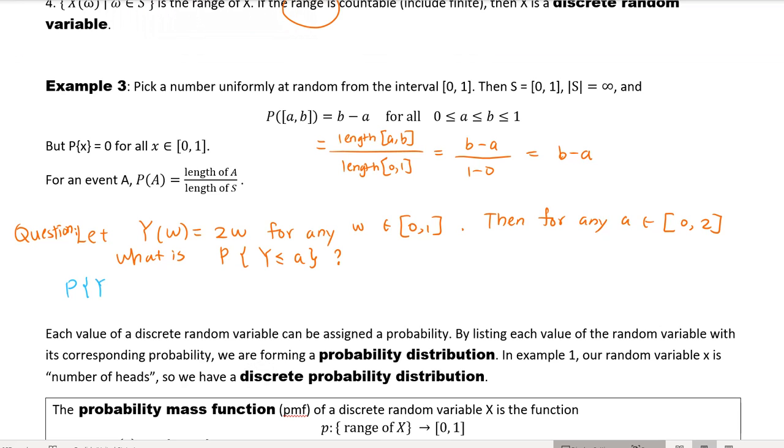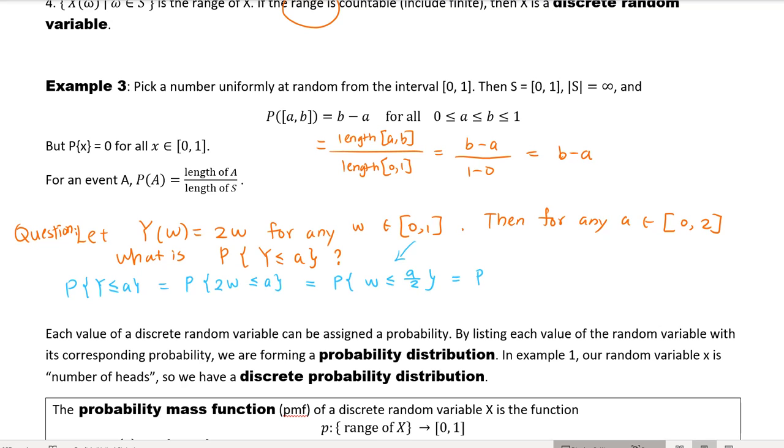Probability of Y less than or equal to a. Because Y equals 2w, this is the same as 2w less than or equal to a. So this is the same as w less than or equal to a over 2, because we can divide both sides by 2, and 2 is a positive number, so it won't change the inequality. And w, remember, w is in [0, 1].